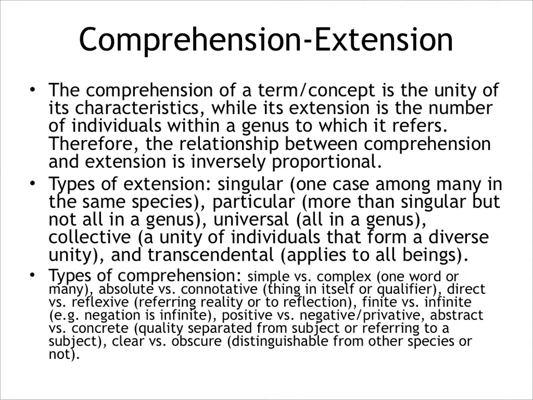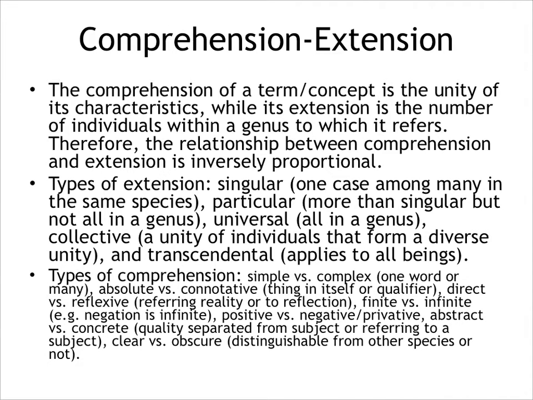Real quick review of the concepts. We have comprehension and extension. There's just more terminology here. Comprehension is the unity of its characteristics. In other words, what can we say about the thing? Extension is how many things the concept applies to. So animal has greater extension, but less comprehension than dog. Dog is more specific. Dog is a species of animal. So you can say more about dog, so it has greater comprehension than animal.